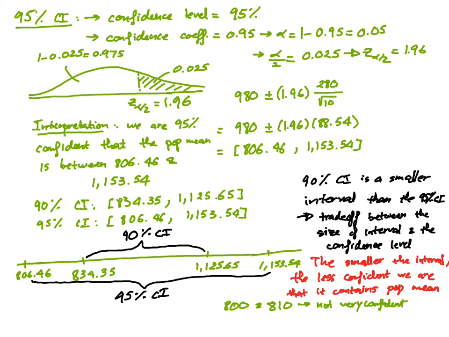On the other hand, we can say that the mean rent is between $0 and $10 million. How confident are we? Super confident that the mean is going to fall in that interval. So this is a trade-off that we face, which is an important consideration when we build confidence intervals.